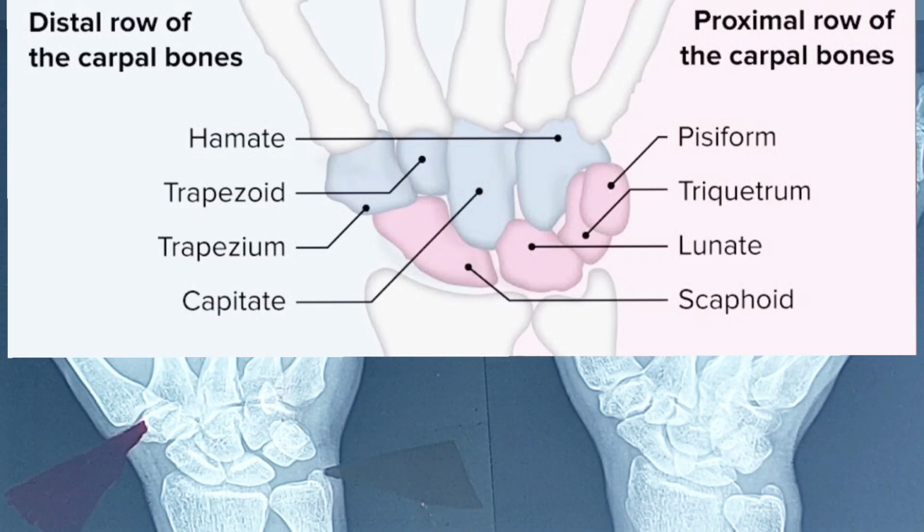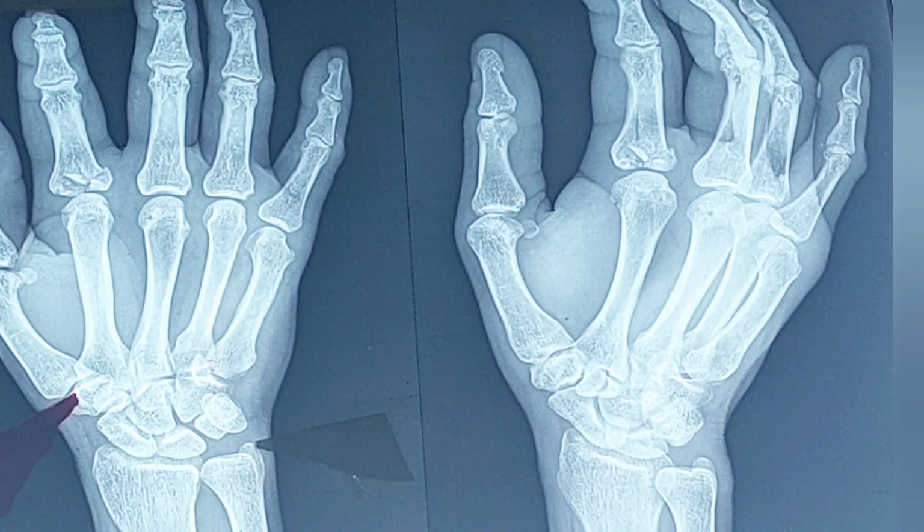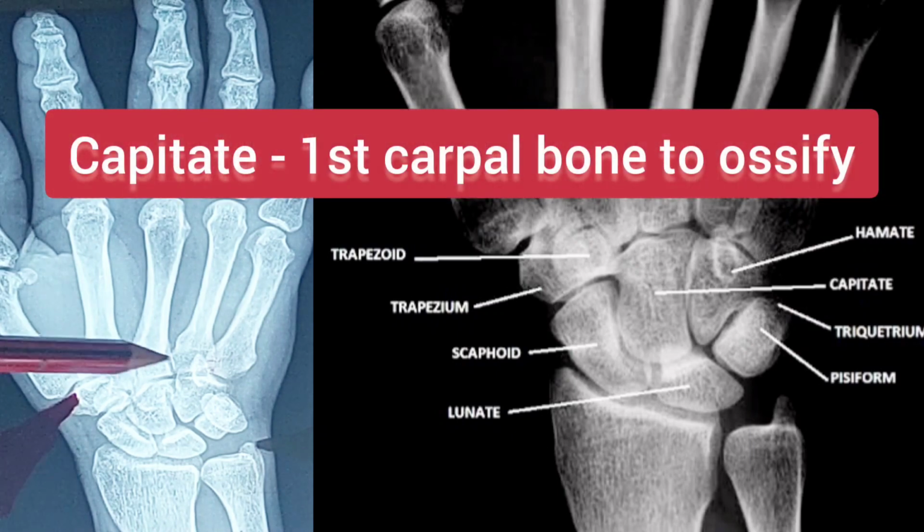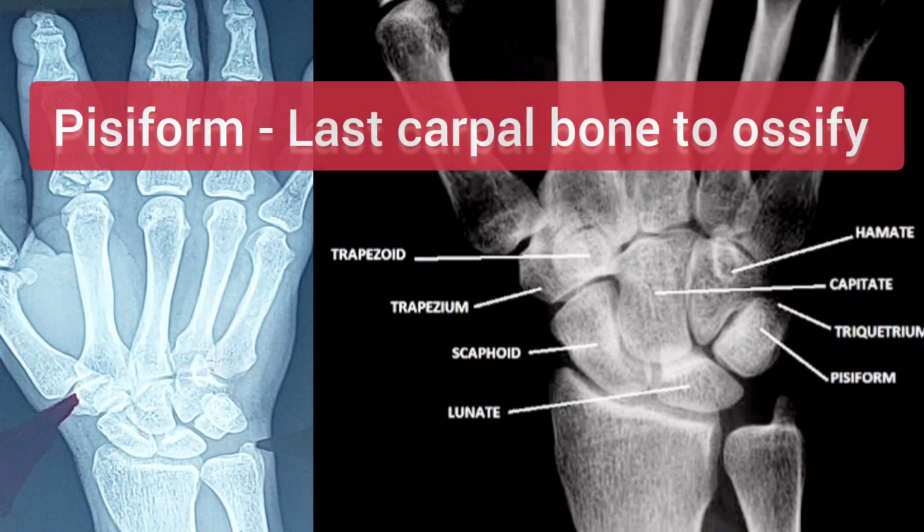And when do these carpal bones ossify? All these carpal bones are short bones and they ossify after birth. Of the 8 carpal bones, the capitate bone ossifies first, and the last bone to ossify is the pisiform bone.